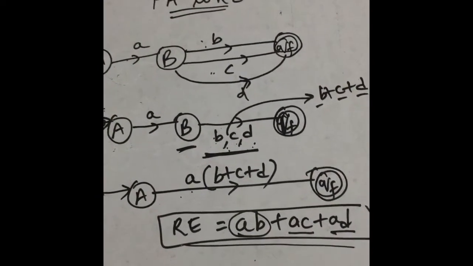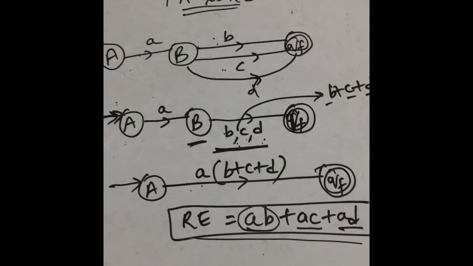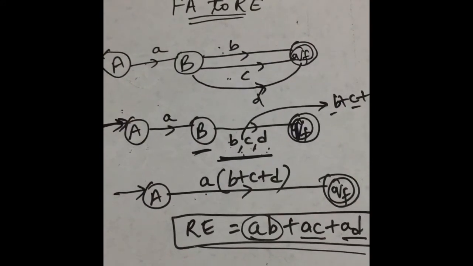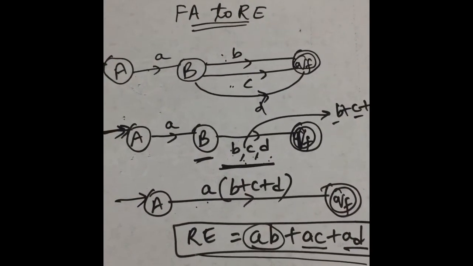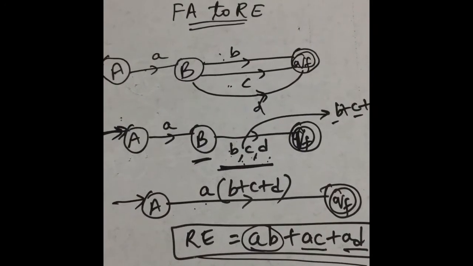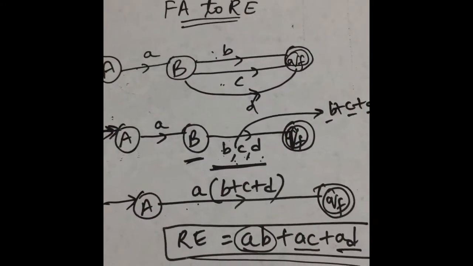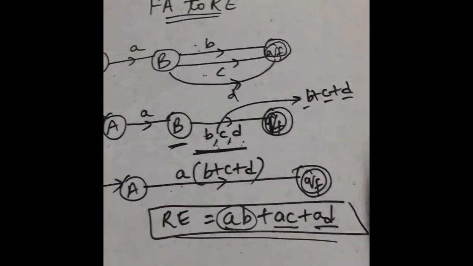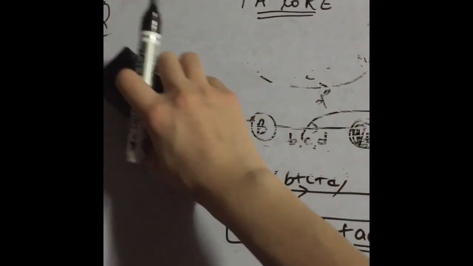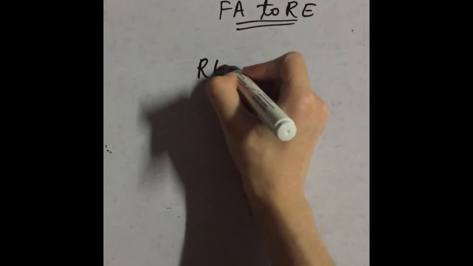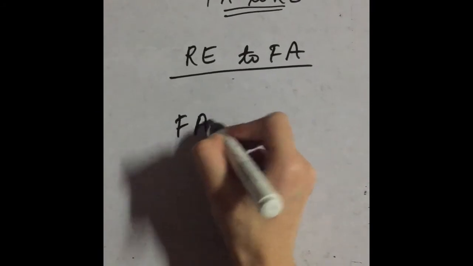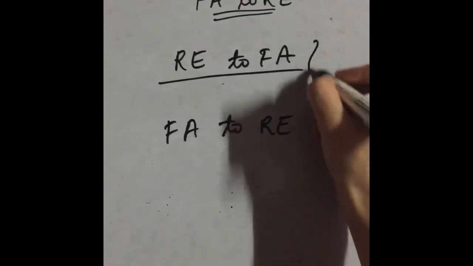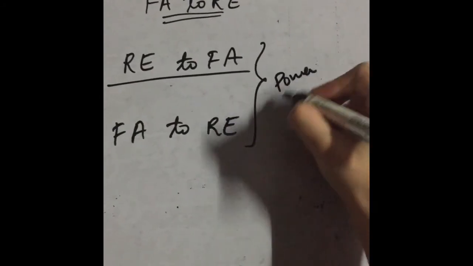And in all these previous 2-3 videos, we saw how to convert finite automata to regular expression. And in one video we also saw how to convert regular expression to finite automata. So what do we conclude? We conclude that if we convert regular expression to finite automata or finite automata to regular expression, it means the power is the same.